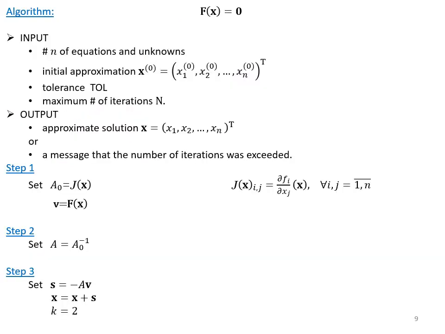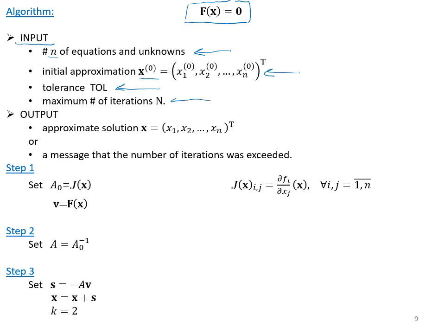Finally, let me describe the algorithm for Burden's method. Assume that we want to solve a system of n nonlinear equations. As an input, we should define the number of equations and unknowns. In our case, it's n. Then we should choose the initial approximation vector x0. Then we should define tolerance or desired accuracy.